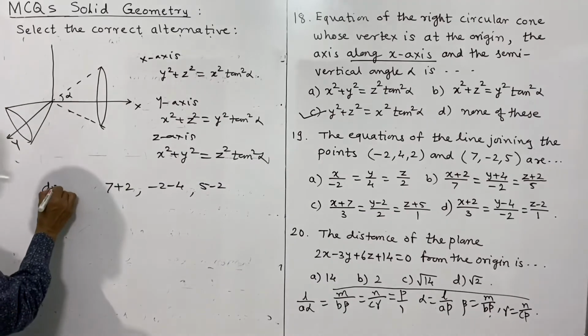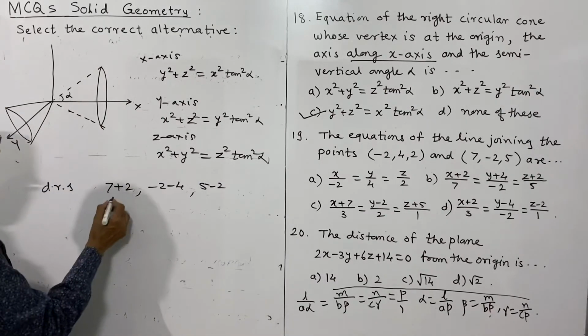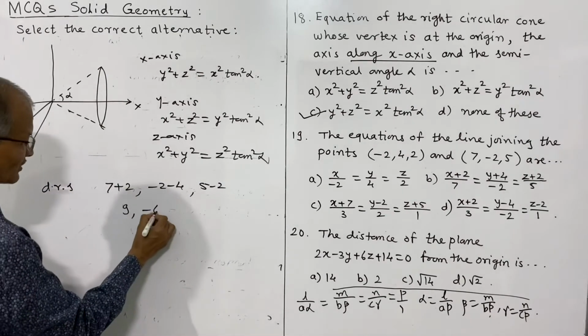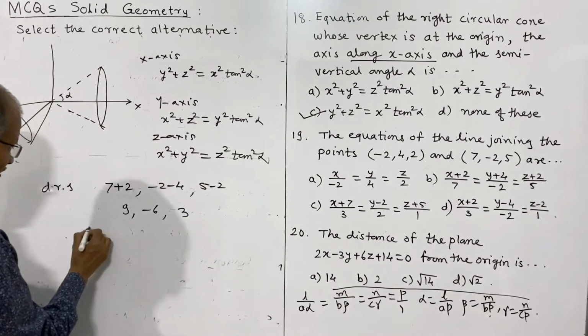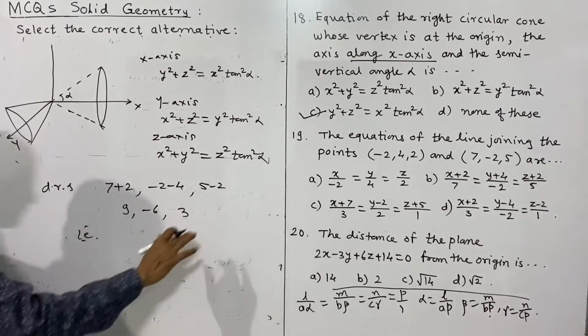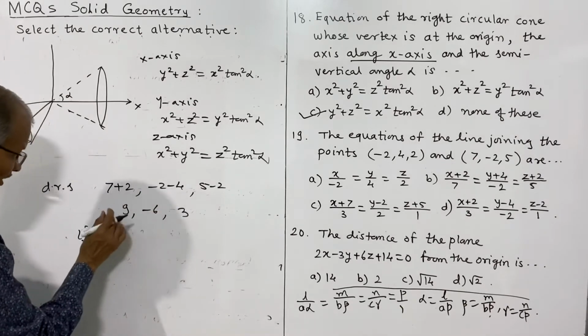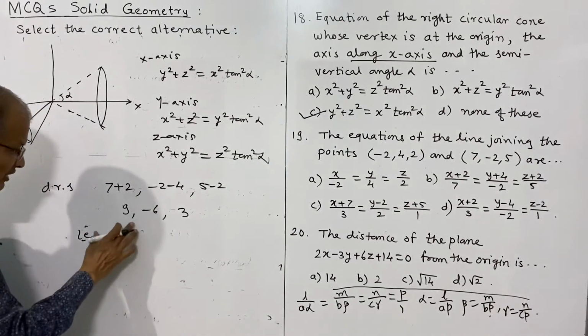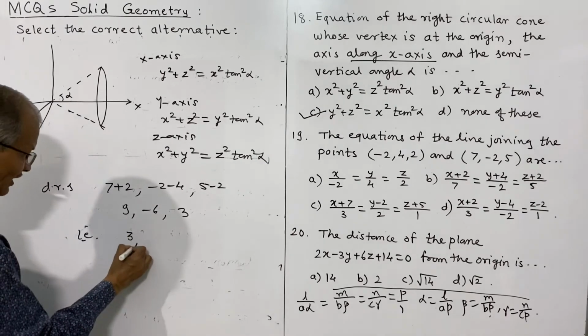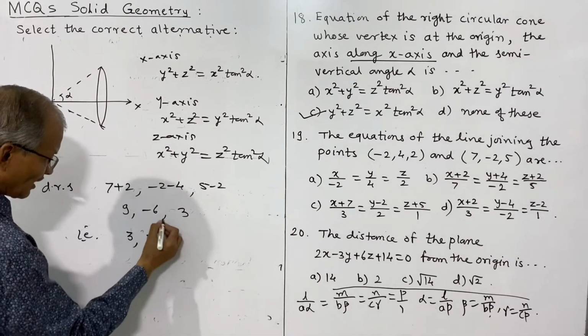That is actually 9, minus 6 and 3, and we can divide by 3, since these are proportional values. So if we divide by 3, we get 3, minus 2 and 1.